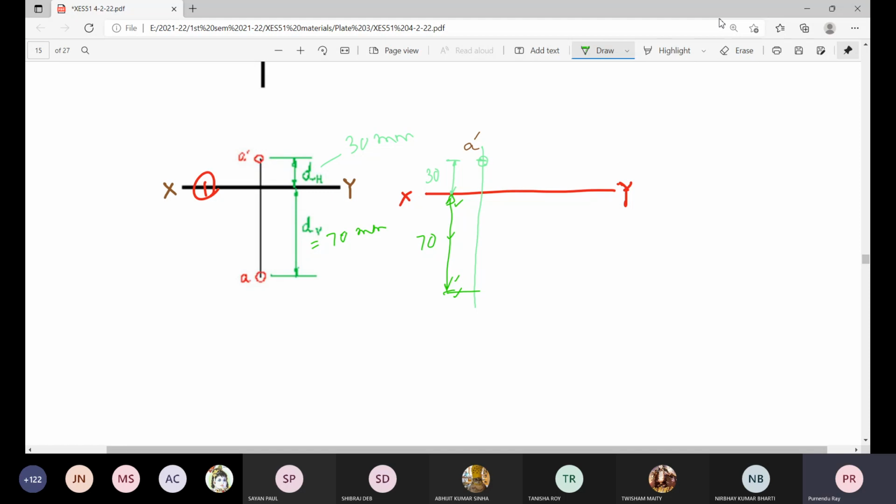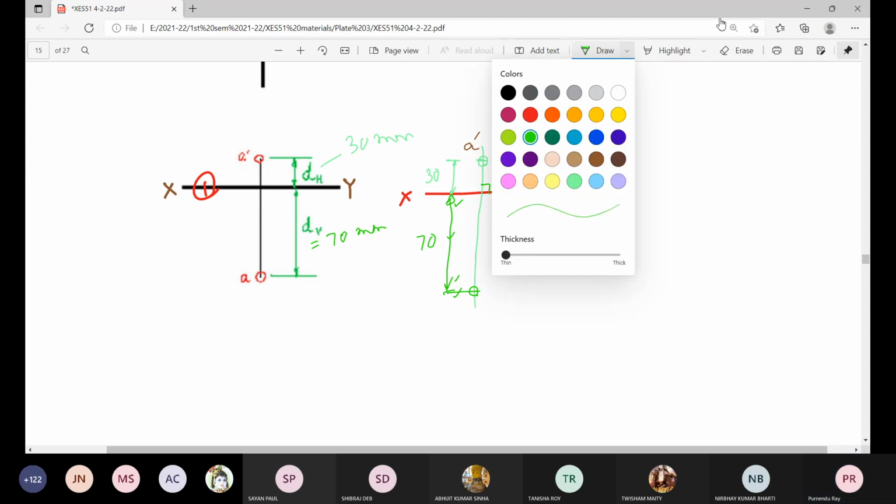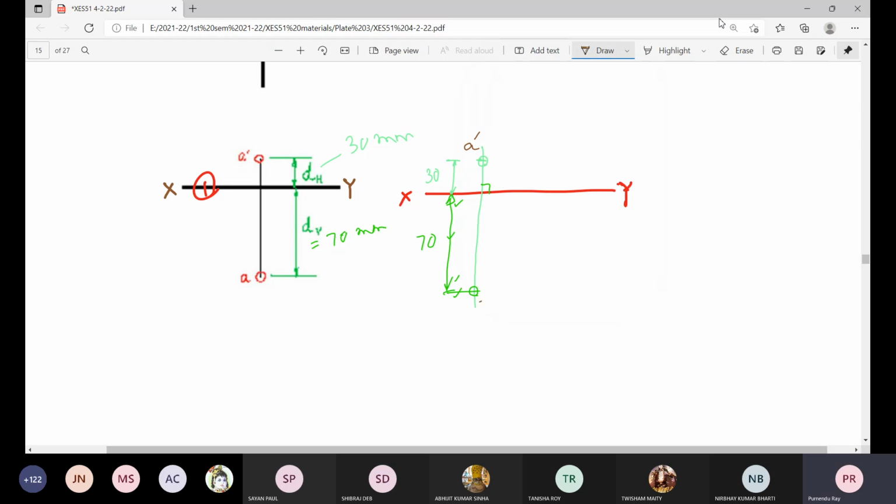So this is the way we mark these two points on a line perpendicular to the ground line or XY line, and it is a very thin line. This becomes the view from top, or top view, or plan, lowercase a. And this is the small a dash, which gives the elevation. That is for the first quadrant, when the object is placed in front of the vertical plane and above the horizontal plane.